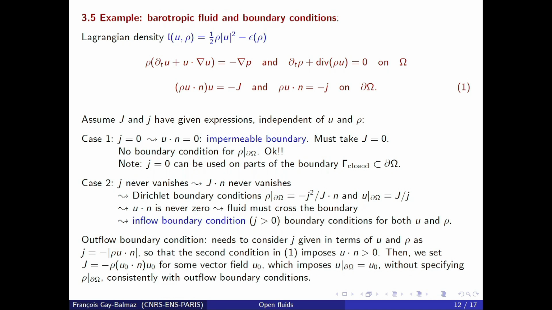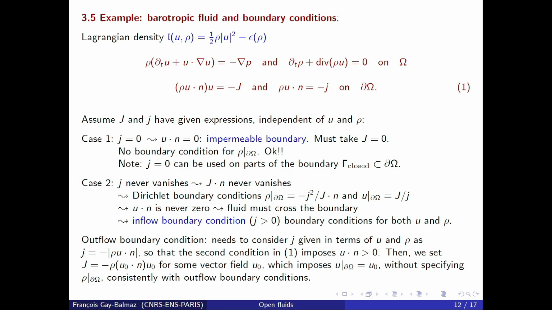So yes, if for instance you assume that J is 0, so the fluid is now forced to stay inside, and because of the consistency between the two formulas, you must now take big J, the flux of fluid momentum, to be 0.